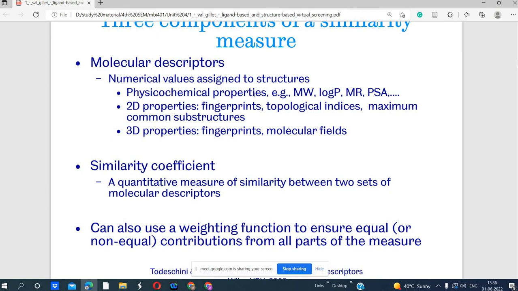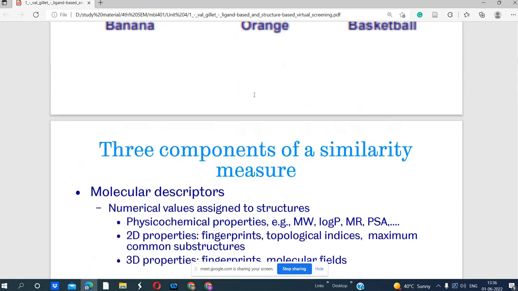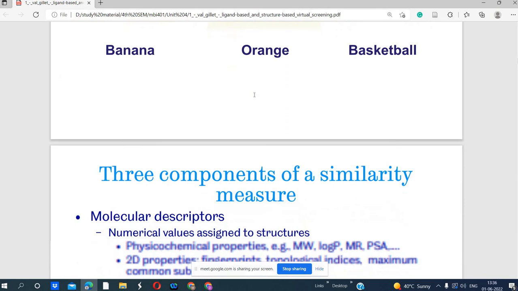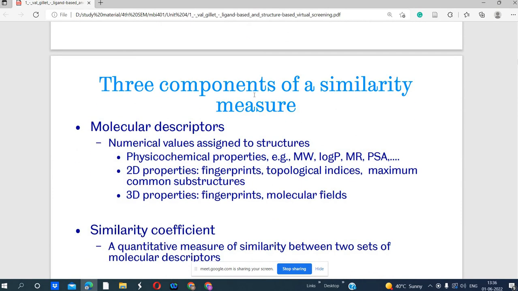Topological indices are important. They give us a clue about the topology, like orange and basketball share a similar topology, and it is also very important for the activity. In proteins also this is very important, the topology of the fold. Even if two sequences show different structures, the same thing applies here.